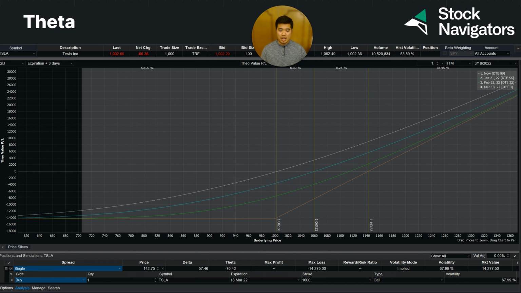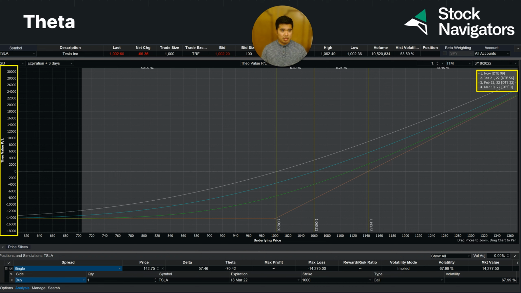expiring March 18th, 2022. If you look at the left column here, that is the theoretical value of your option at each expiration date, and the expiration dates can be found on these four curves on my screen. If you look at the top right corner, the white curve represents the value of this option as of today, and the blue curve is the value of this option by January 21st, 2022.